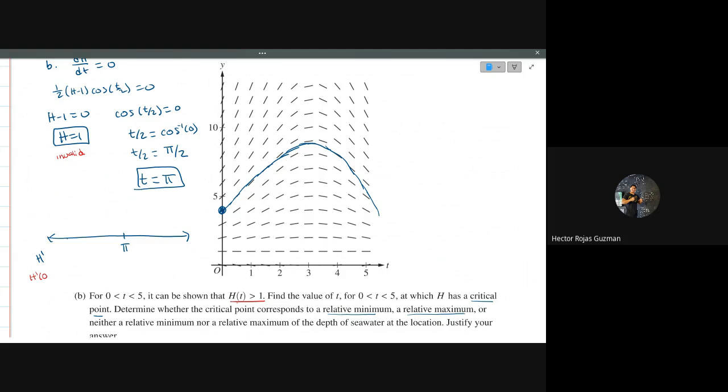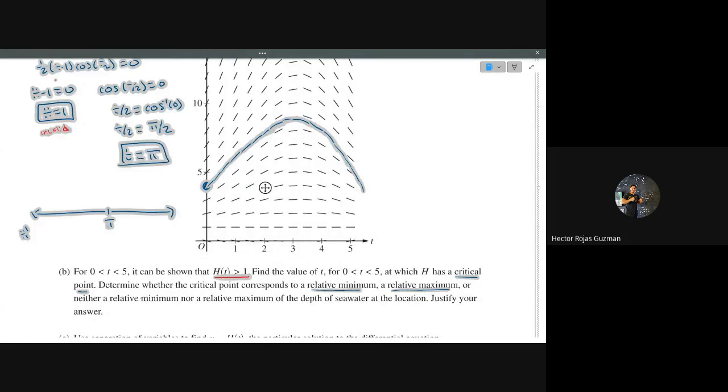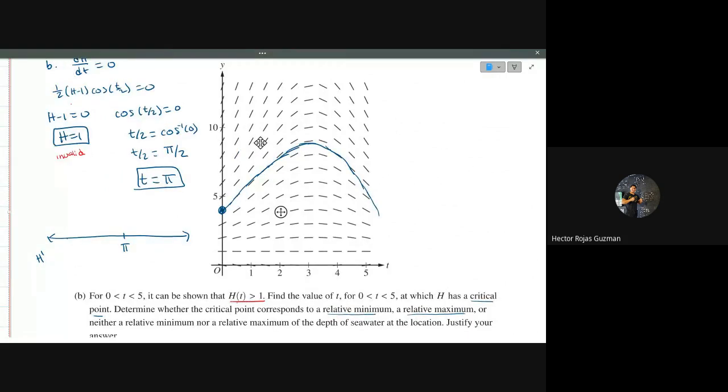Okay, that's going to be a little tricky since our derivative is dealing with an h, as you can see right here, and I'm supposed to plug in t values. So the simplest way to do this is by looking at the graph that we did in part A. In the first interval, from 0 to pi, look at what's happening with the graph. The slope is positive. Then you get to your critical point, and after that, the slope is negative. So this is going to verify what we already see in the graph. It's going to verify that the critical point is a maximum.